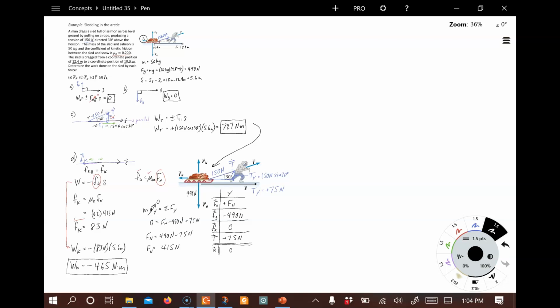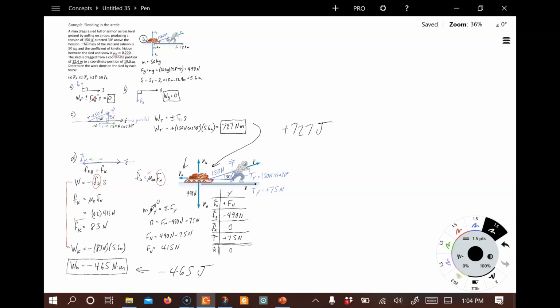So 727 newton meters of work means we've increased the energy by 727 joules. Remember, a newton meter is a joule. The negative work here, though, done by the frictional force, means we extracted or removed energy, minus 465 joules from the object.